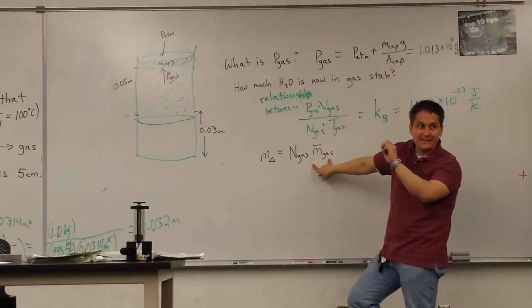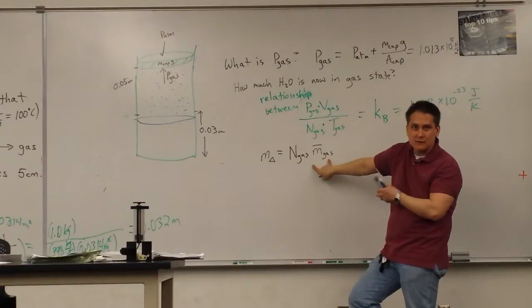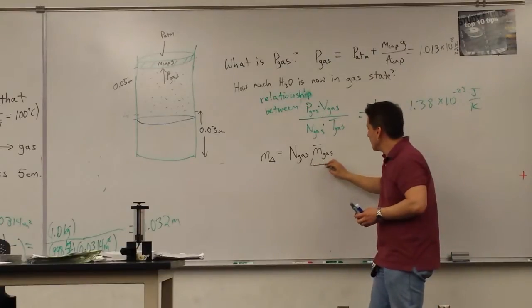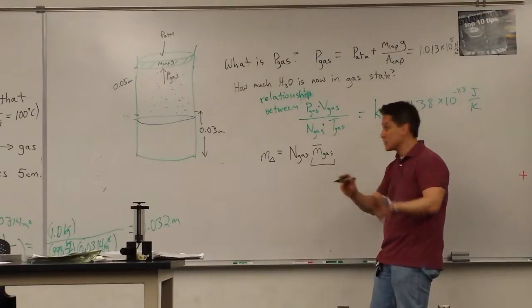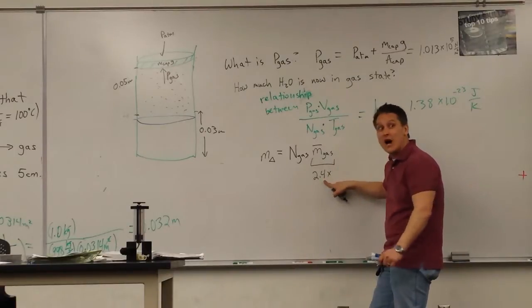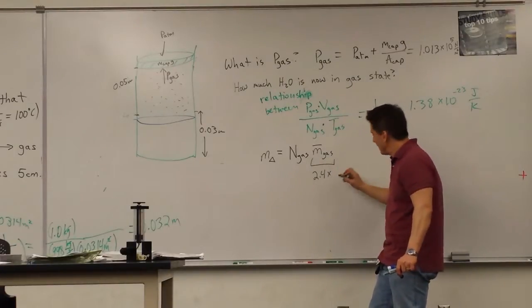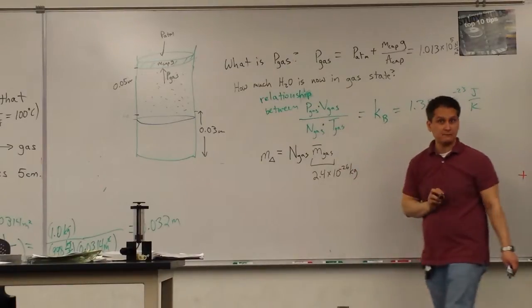Now, if that is disturbing to you, then you'll figure out a way to get that number. But I'll tell you right now, this is going to be pretty close. For our approximation, well, close enough. It's going to be about 2.4, maybe 2.5. About 2.4 times 10 to the negative 26 kilograms, approximately.